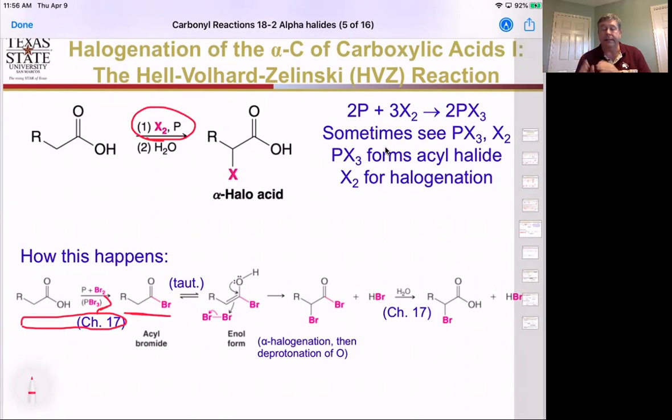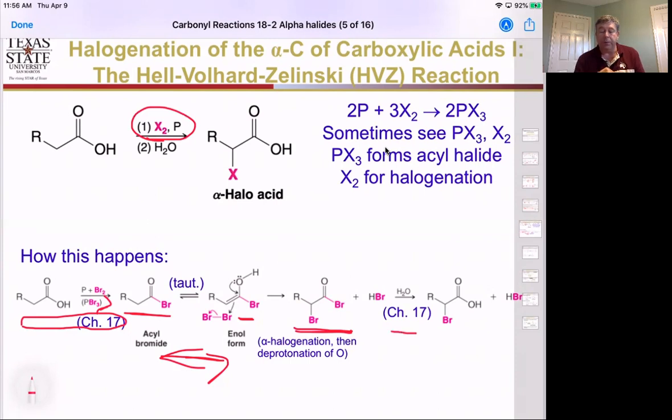Once we generate our acid halide, this now allows us to undergo our enol-keto tautomerization right here, allowing us to generate our electron-rich nucleophile, which then can interact with bromine to generate our alpha halo acid halide. Okay, so we've generated our compound here, and then it stops at that point right there.